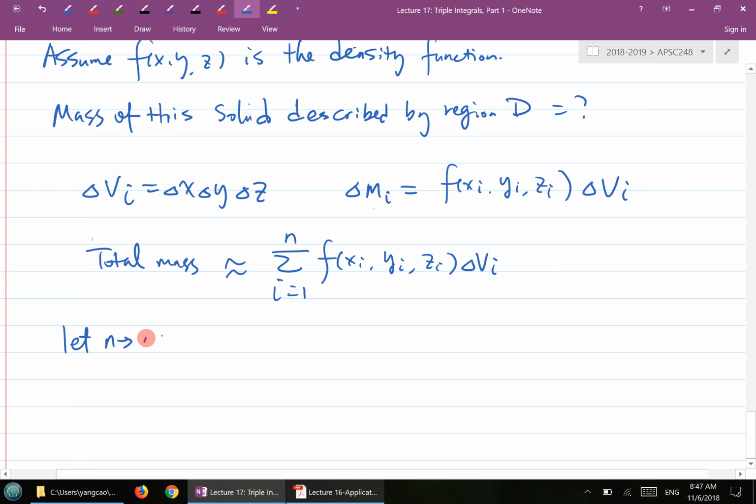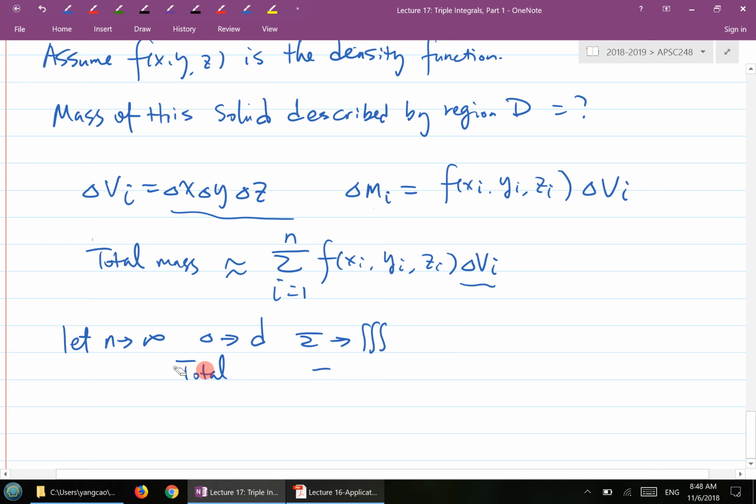Now I'm going to let n go to infinity. Then instead of an estimation, you have a precise description of the total mass. The summation sign becomes an integral sign. Since delta V is delta x times delta y times delta z, when n goes to infinity the deltas go to differentials, and sigma goes to a triple integral.